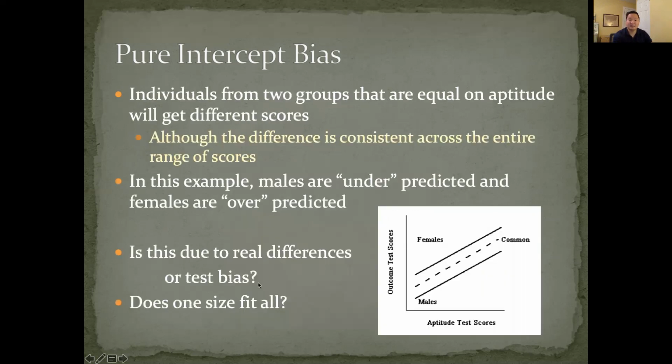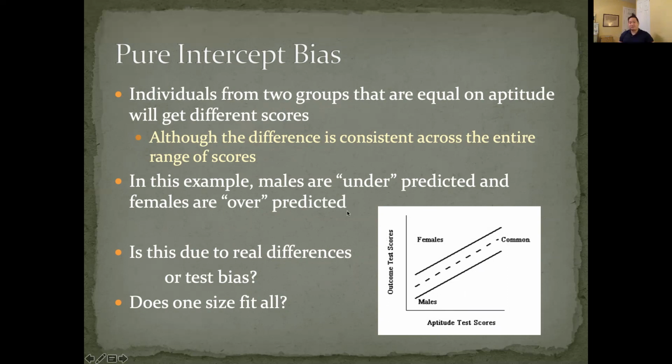Is this biased? Well, if you have intercept bias, and you just look at these scores, you'd think that individuals from two groups that are equal in aptitude will get consistently different scores. In this case, males do consistently worse on the outcome than the overall, and women do better.